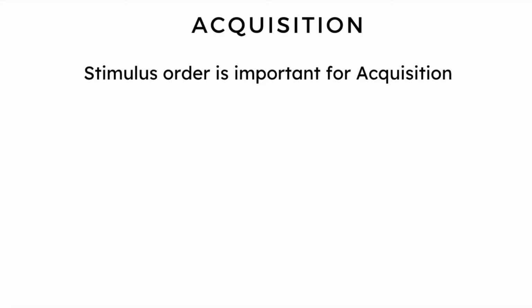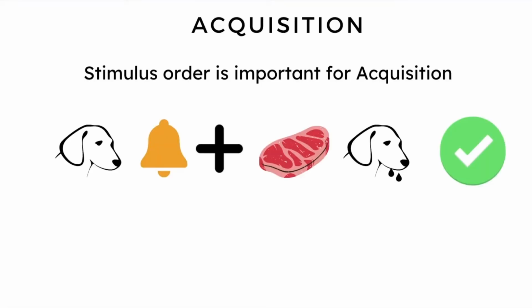Moving on, let's look at the concept of stimulus order and how it impacts acquisition. The order in which you present the stimulus is very important for successful acquisition as well. You must present the neutral stimulus before the unconditioned stimulus in order for the animal to acquire and learn the mapping, as it is this order that allows the neutral stimulus to become a conditioned stimulus, in future eliciting the conditioned response.